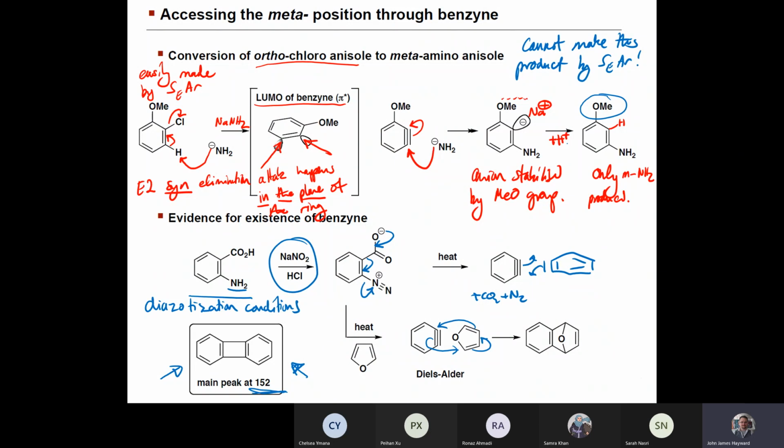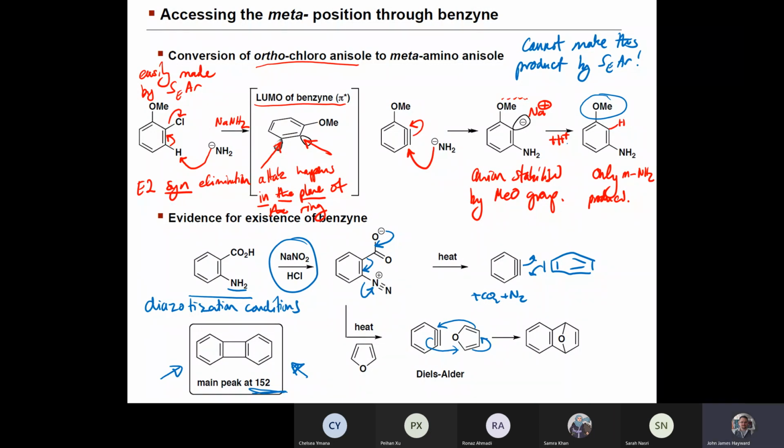It does the 4+2 reaction, and it generates a product that we know has to form from a reaction with a double bond. A double bond that has to be orthogonal to the benzene ring, because the benzene ring does not do Diels-Alder reactions.